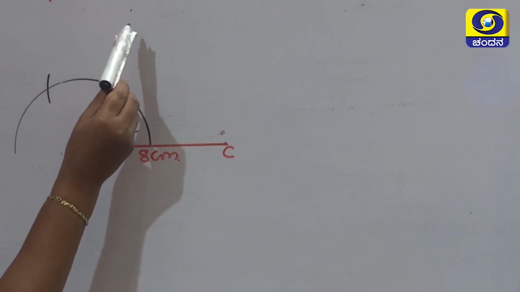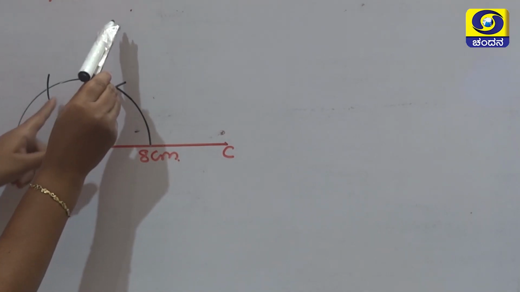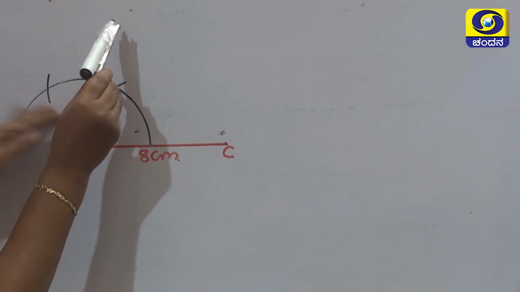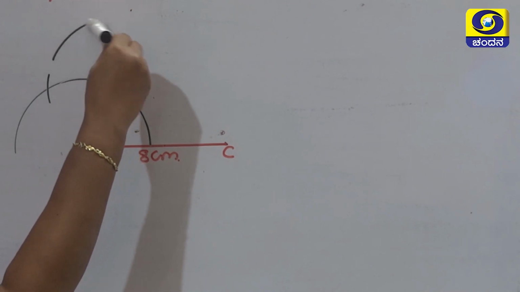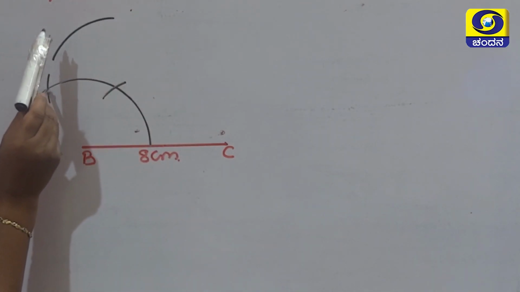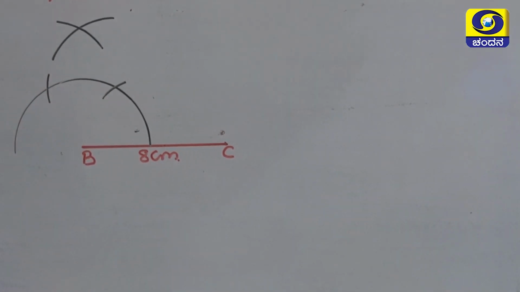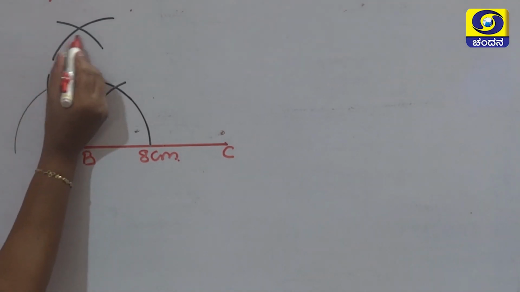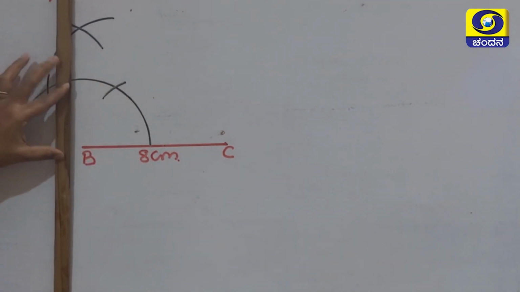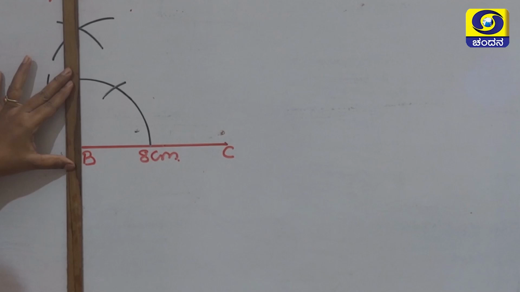Now keeping the needle at the arcs we have made just now, make two more arcs such that those two arcs intersect each other. This will give us the perpendicular. Now I have to join this point of intersection of the arcs to point B.